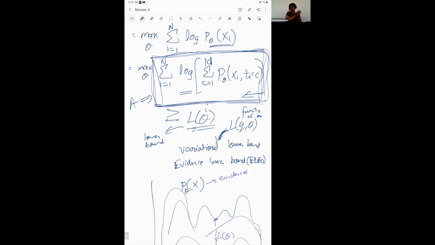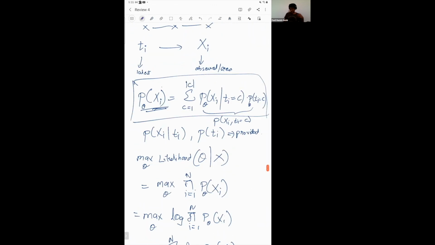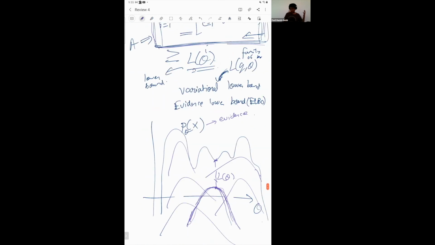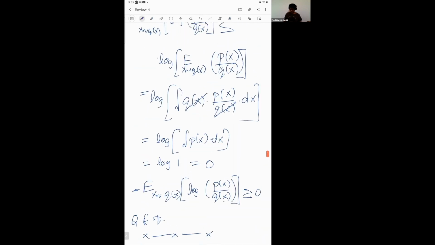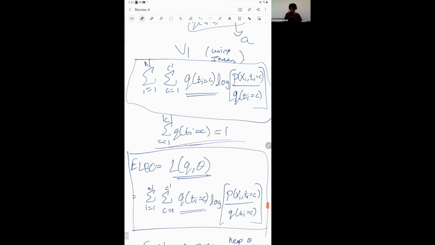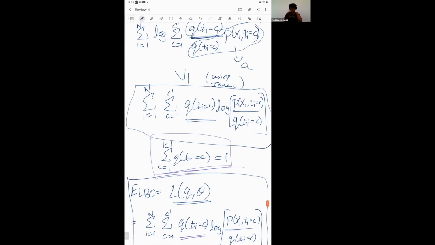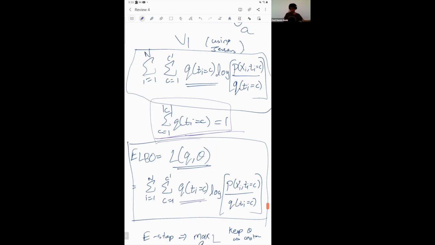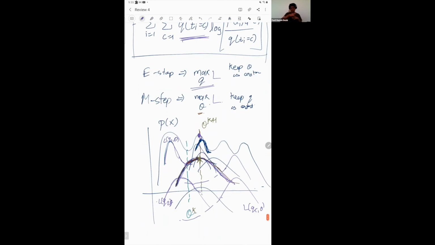For each q of ti, we would have some lower bound, because it's simply a free parameter that we introduce by multiplying and dividing. We just need to keep in mind the constraint that the summation of q of ti is equal to 1, and then it's just simple math. This q of ti is something free that we introduced, and every time we change it, we get a new lower bound.